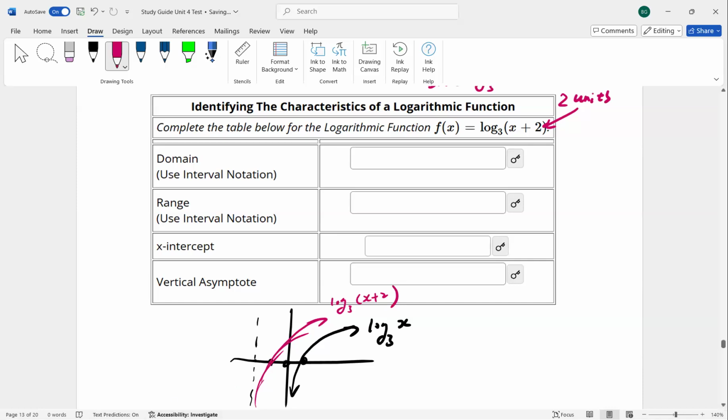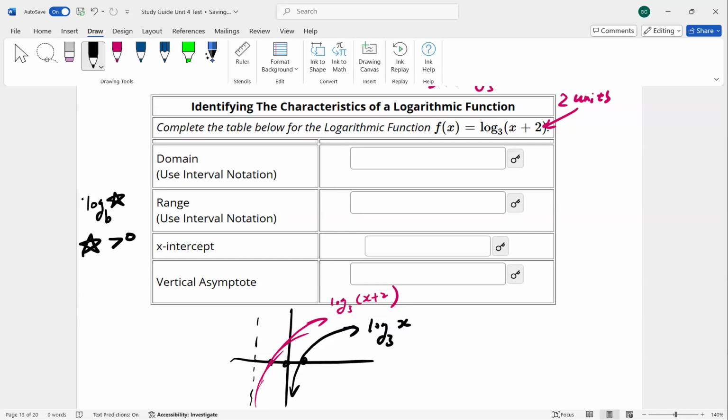The shift to the left does change the domain. But we don't have to use the graphing method to find the domain. We use the algebraic method. For a log function, I mentioned this before, the argument has to be positive.